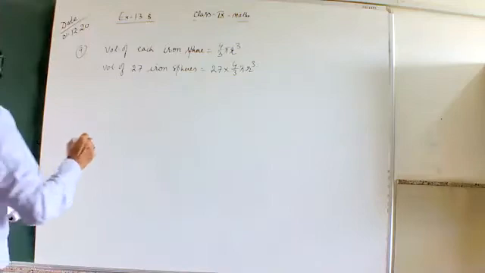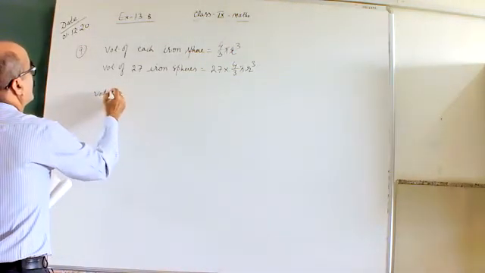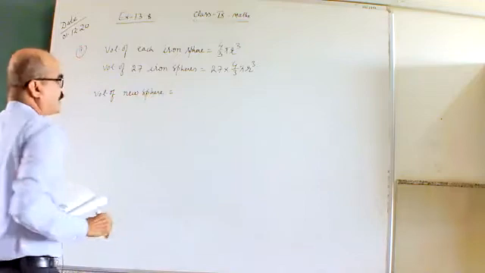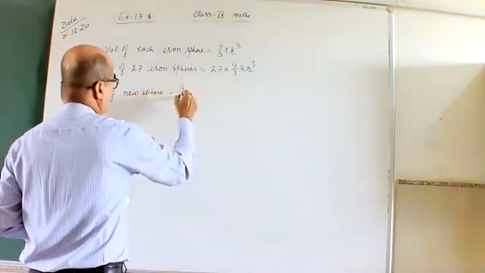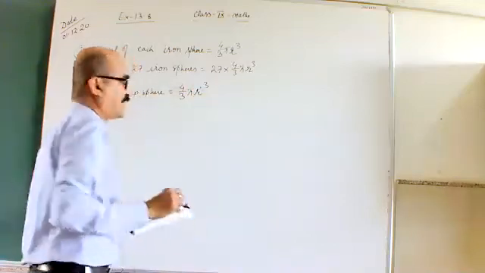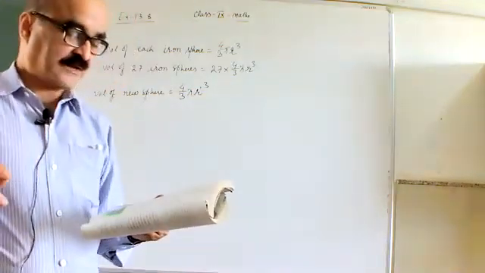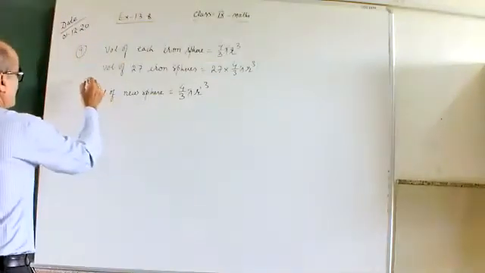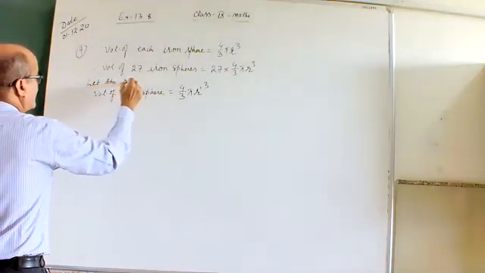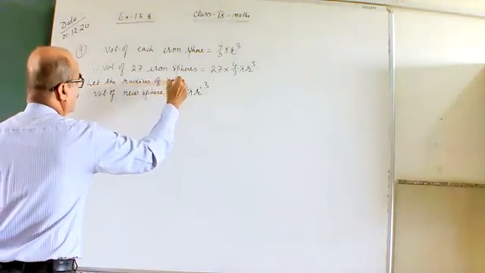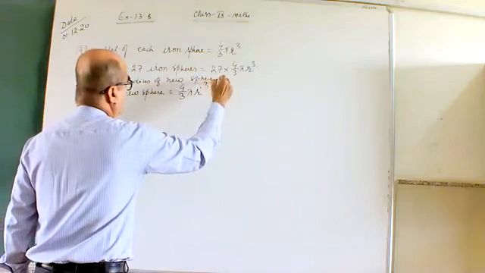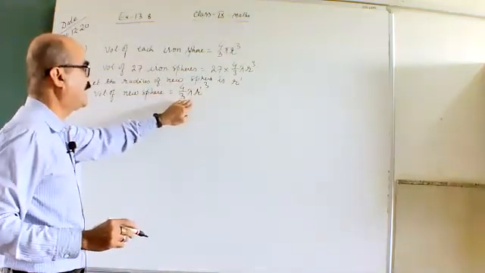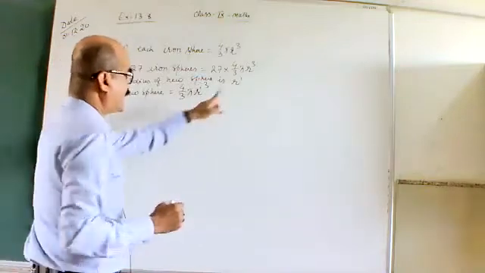So let the radius of the new sphere be r dash. So the volume of the new sphere will be equal to 4 by 3 pi r dash cube, because its radius is r dash.